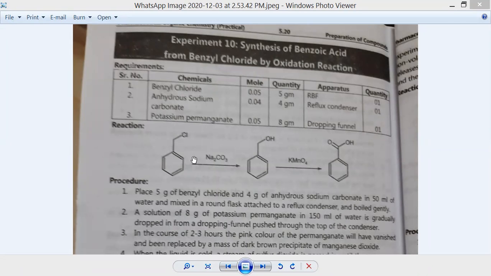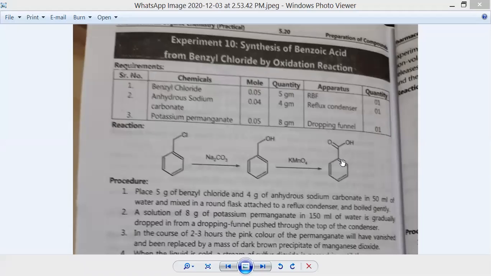The chlorine atom is removed as hydrochloric acid, and there is replacement by a hydroxyl group. That is base hydrolysis of the carbon-chlorine bond, and there is formation of a carbon-hydroxyl group bond. And this benzoyl alcohol will further be converted into benzoic acid.